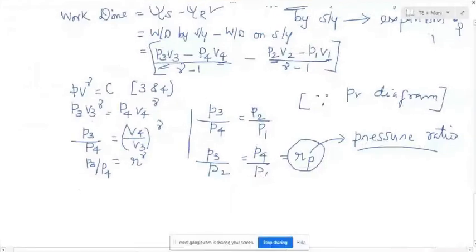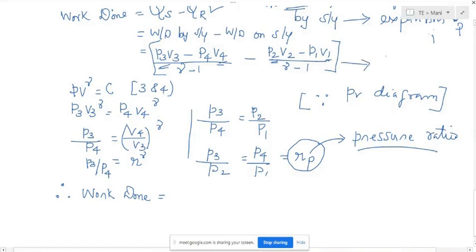Therefore, now simply you can use this in the work done calculation. You can give an equation number for this one.